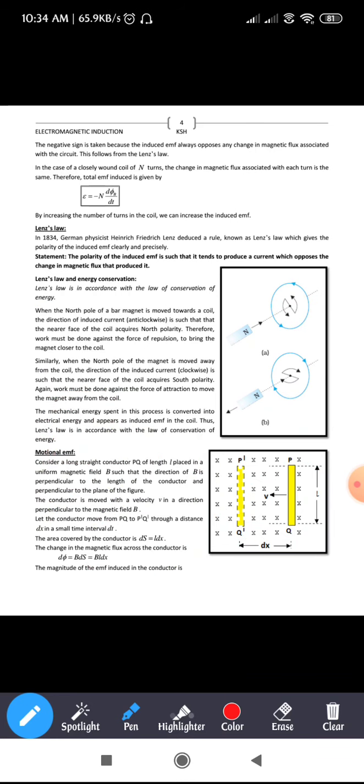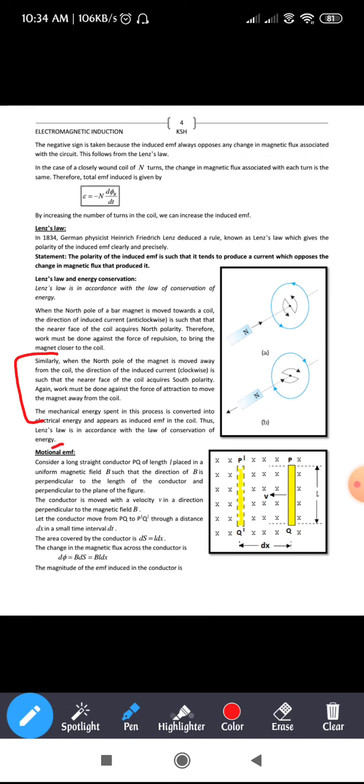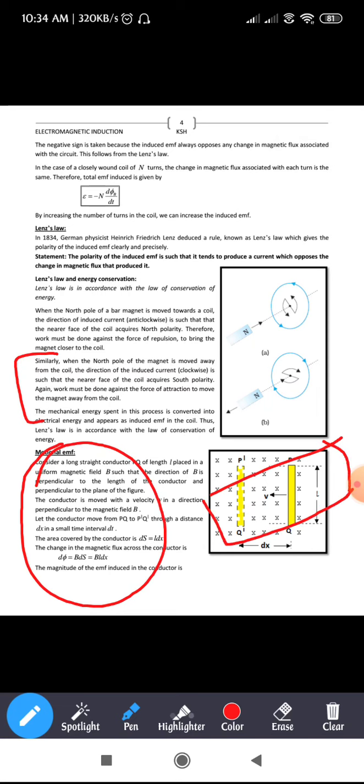Next, the second case. Again you are going to take a coil, and a bar magnet, with north pole and south pole. Let us say that you are moving this magnet away from the coil.